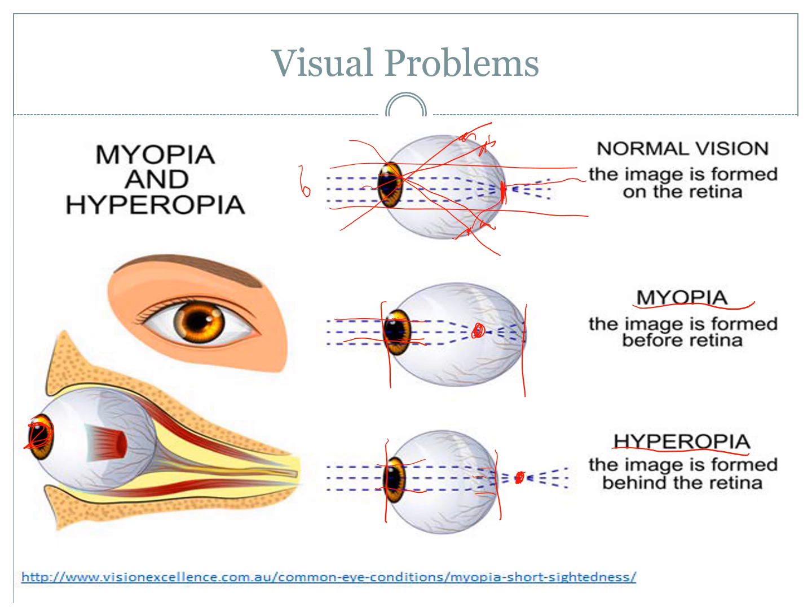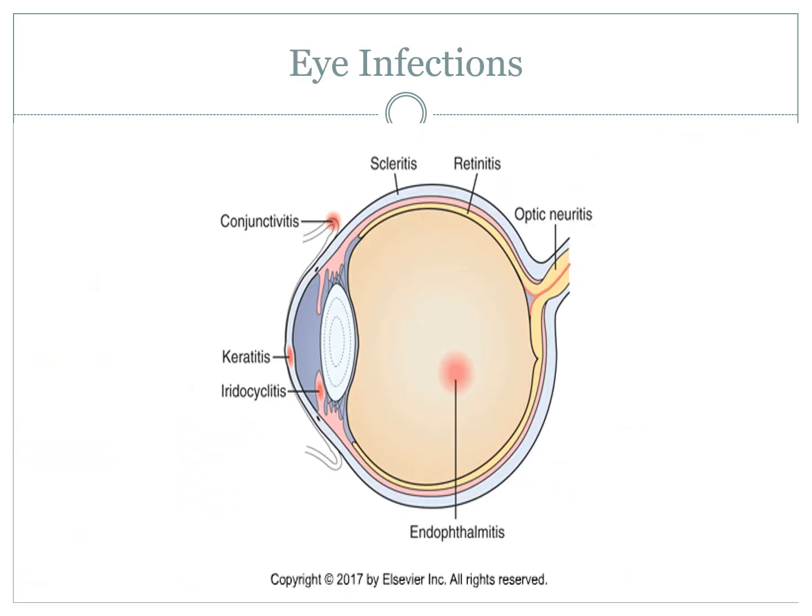Okay, moving on to some common infections. Depending where the infection is within the eye, you'll have a different name for each one of those. Endophthalmitis is an infection of the actual globe itself.